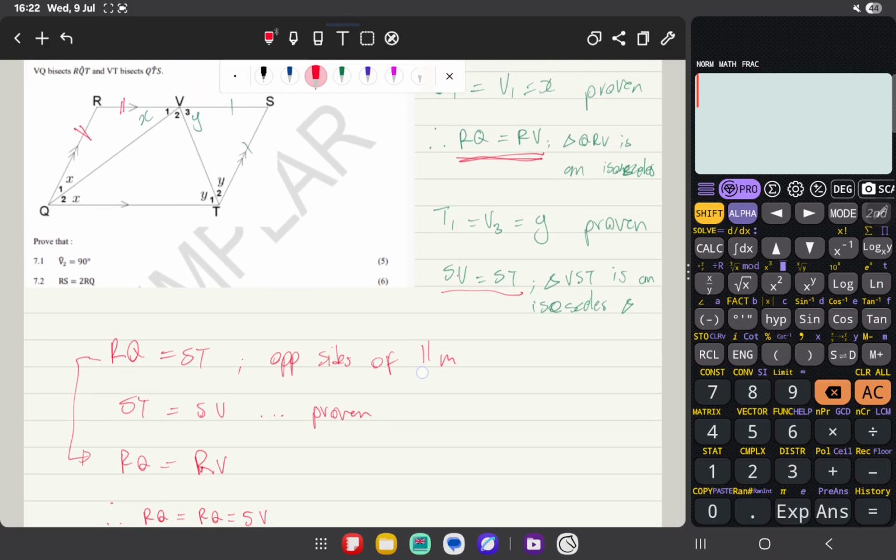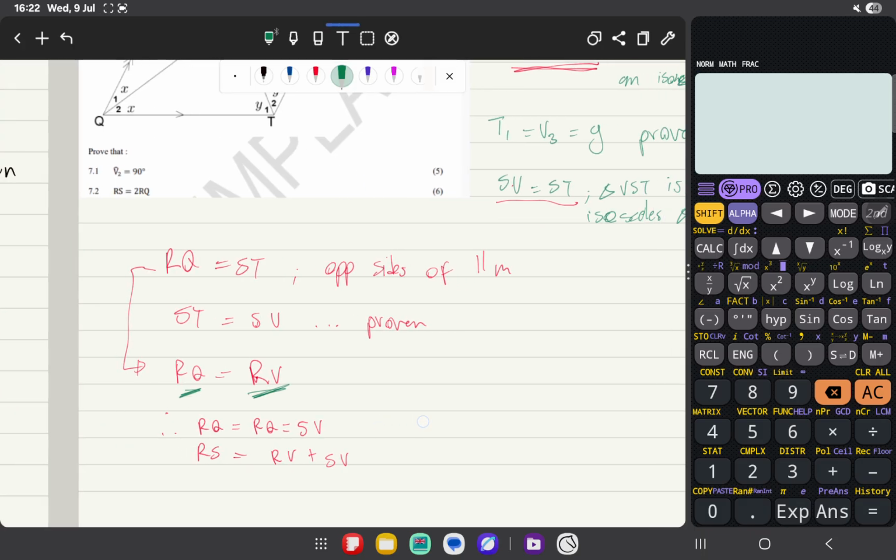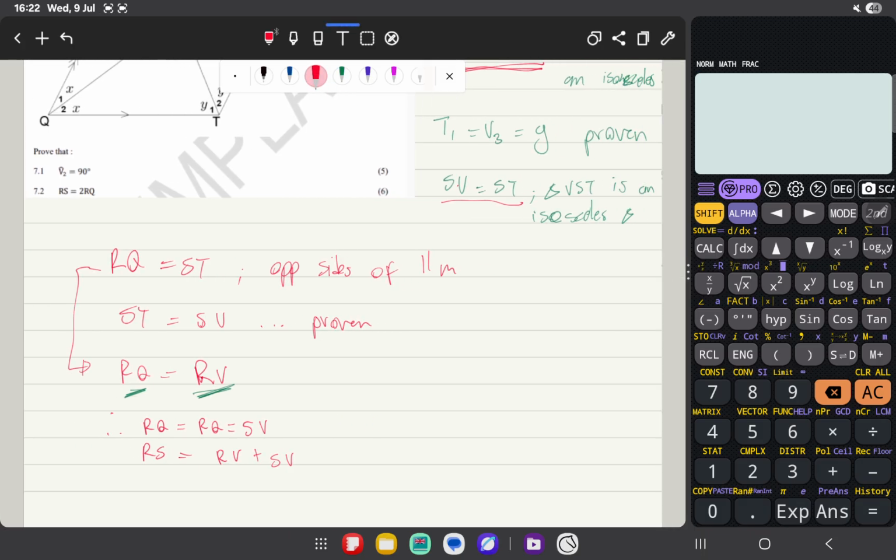And then from all of that, I will say RS equals RV plus SV. That is what RS is. Now look at this. What is RV equal to? It's equal to RQ.